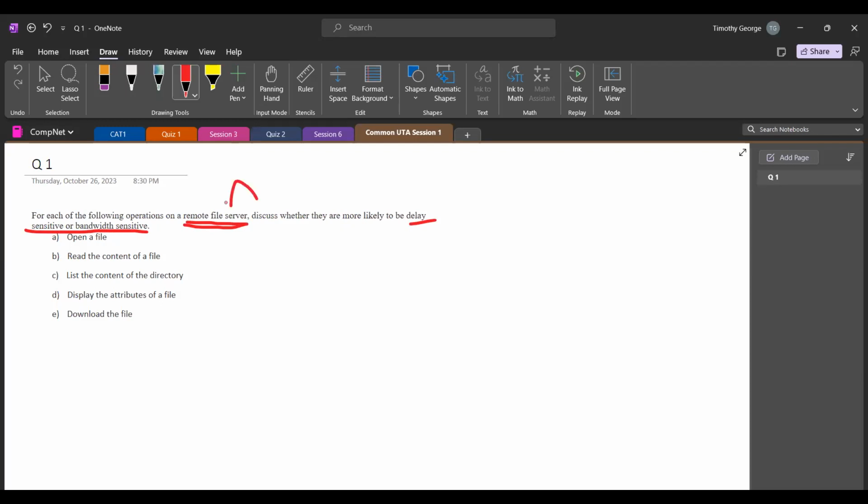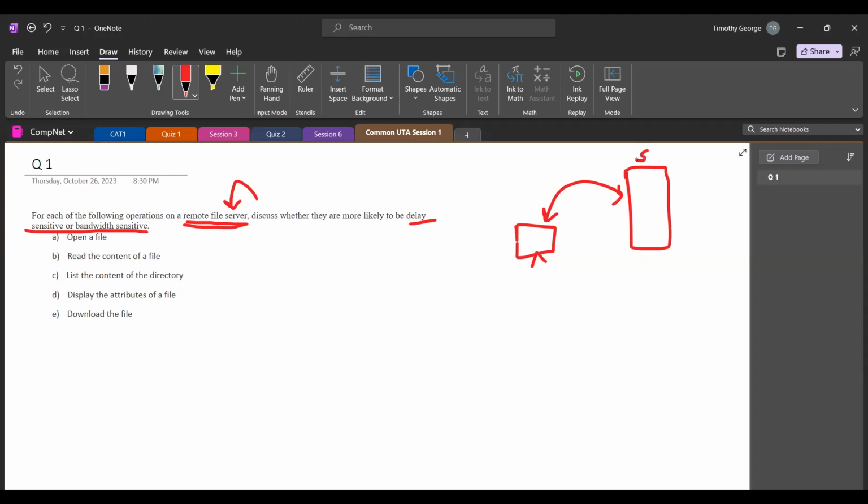The first thing that we see from here is remote file server. So what is a remote file server? You have your host, let's say your PC in your network, and you have your file stored somewhere else. Let's say there's some server, like some cloud somewhere, and you need data transferred from that server, and you can also transfer to that server.